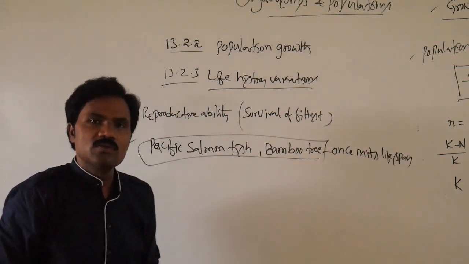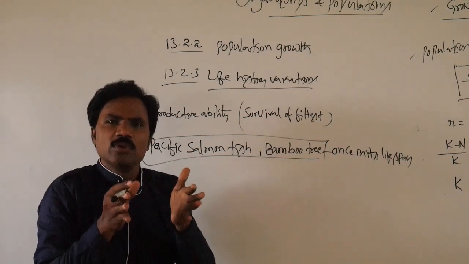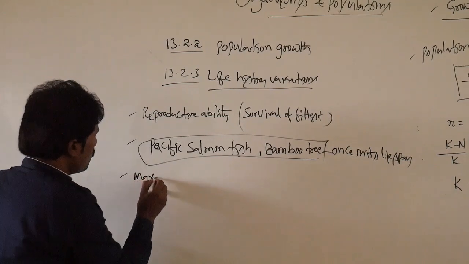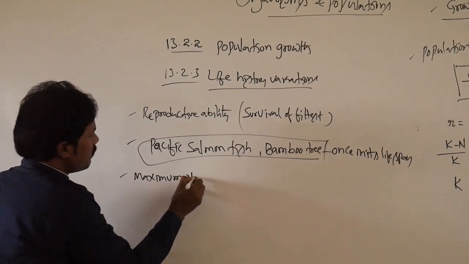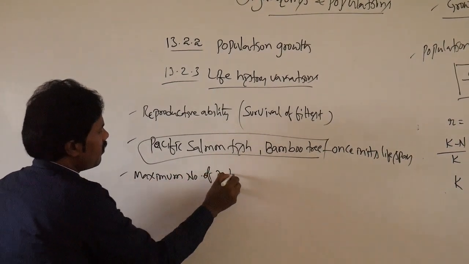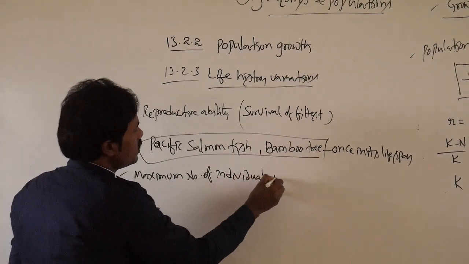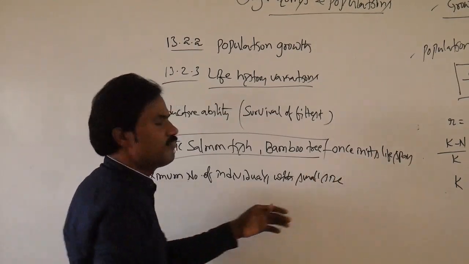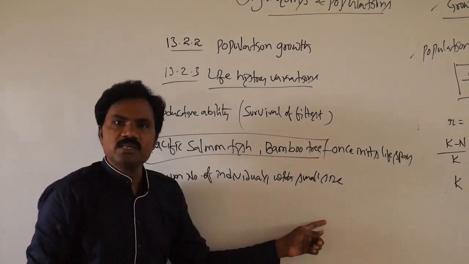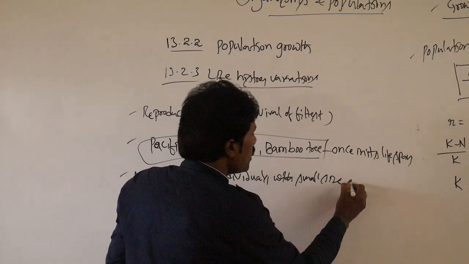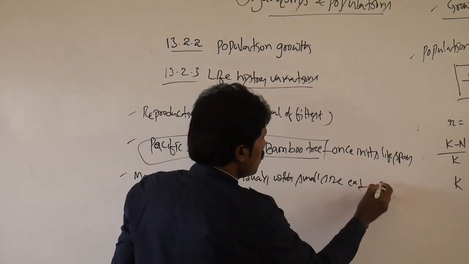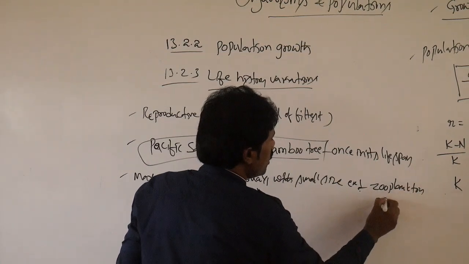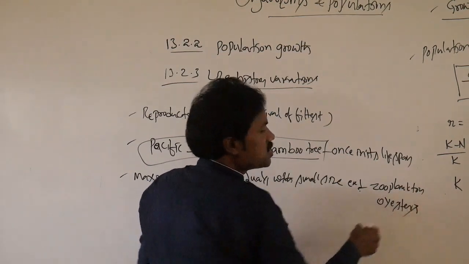Then some organisms produce a maximum number of individuals with small size. Examples are zooplankton as well as oysters.